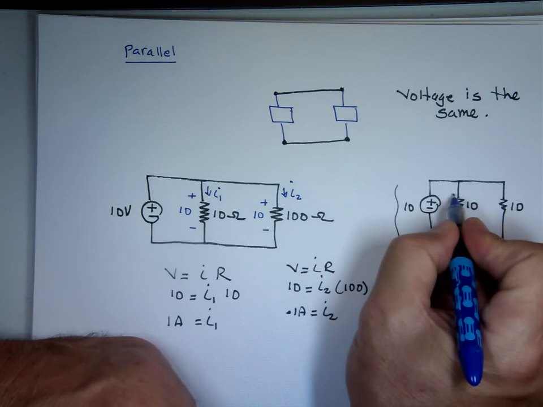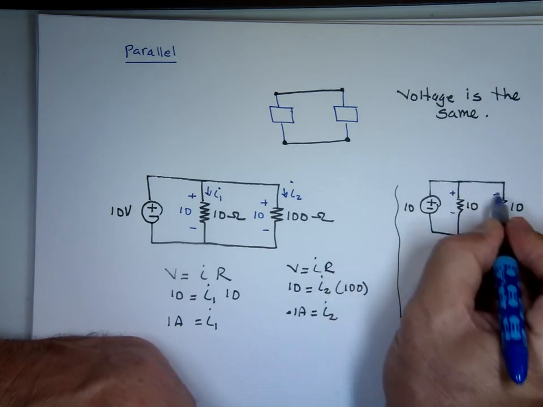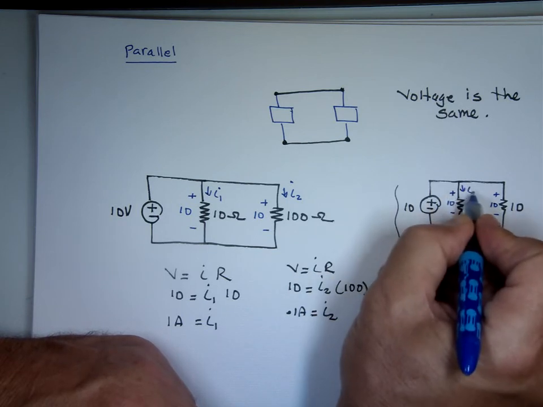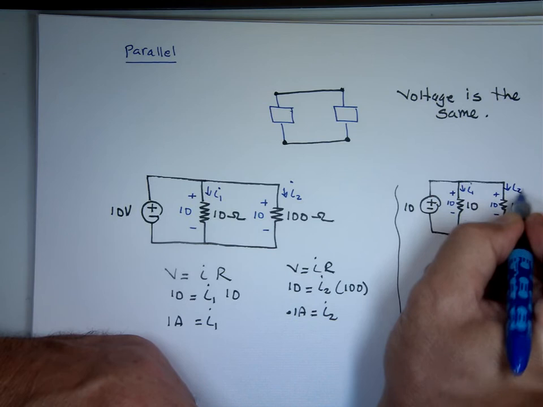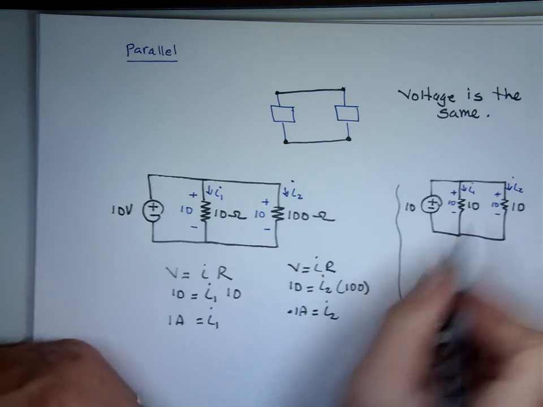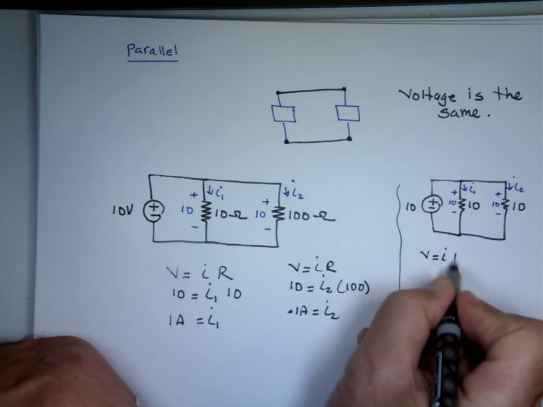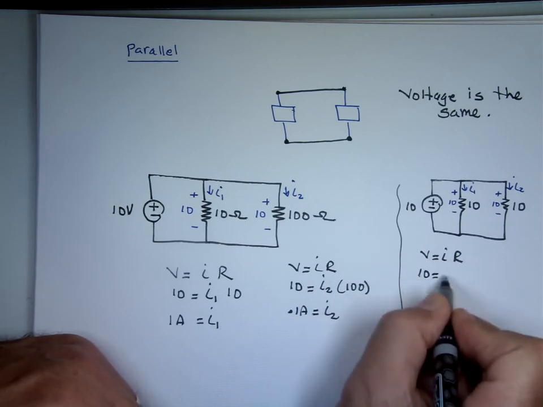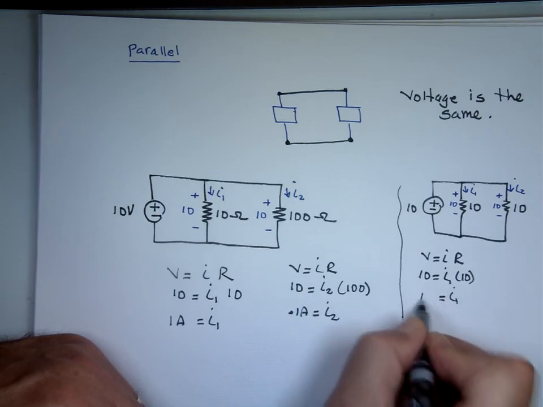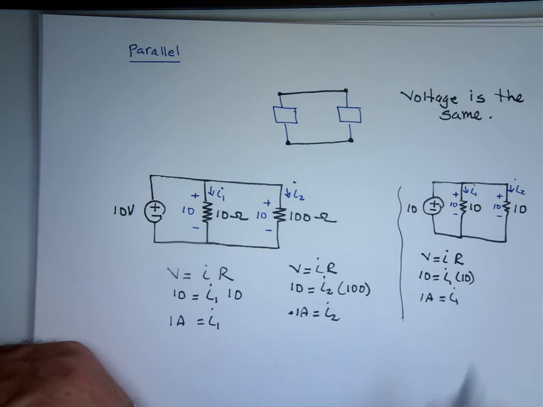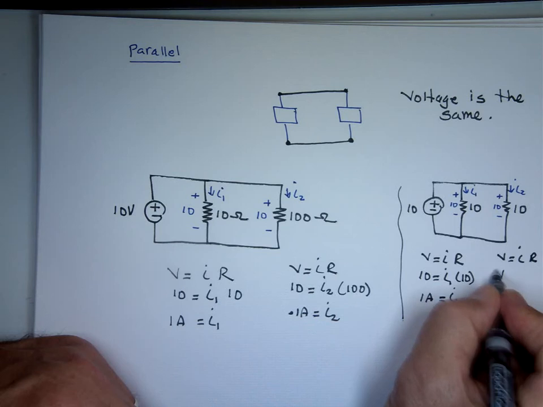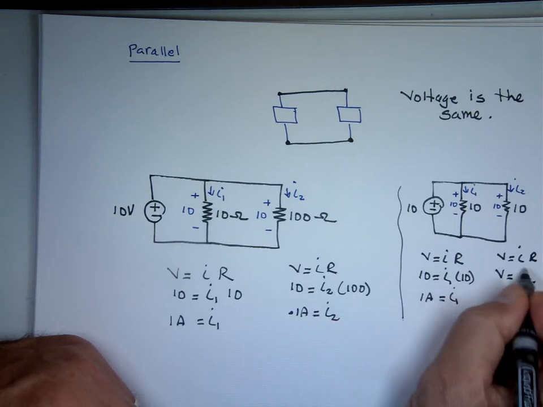Notice this is in parallel, all three of them, so they have the same voltage. There's 10 volts, I1, I2. And if I use Ohm's law for this one, V equals I times R. 10 equals I sub 1 times 10. I sub 1 is 1 amp. V equals IR. I sub 2 here, I'm doing the right side, times 10.